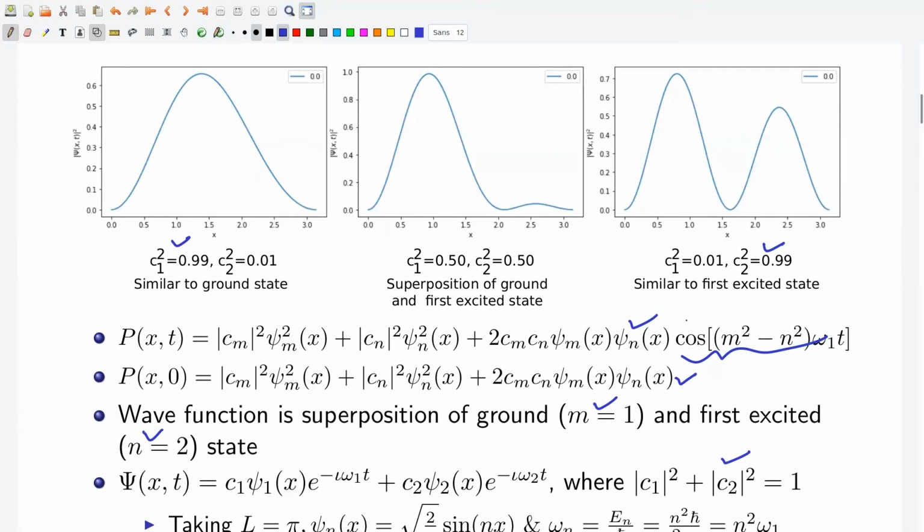If you look at the probability densities, it is indeed very similar to the ground state and similar to the first excited state. On the other hand, for C1 square equal to C2 square equal to 0.5, the wave function is a 50-50 mixture of the ground and first excited state.